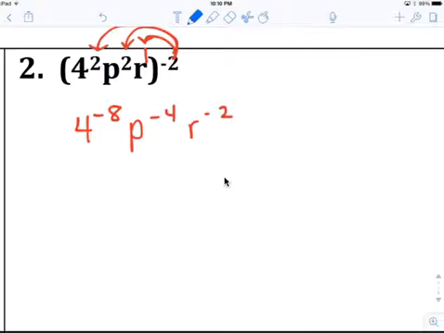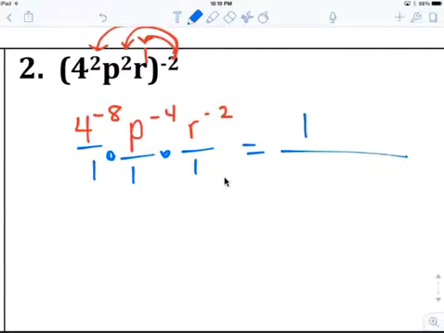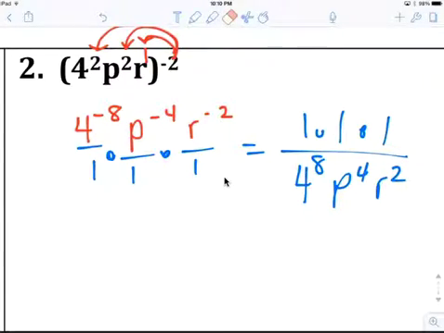Now, they're all negative exponents. So they're all switching. So this is all multiply. If you multiply 1 times 1 times 1, you still get 1, right? 4 to the 8th, p to the 4th, r to the 2nd. If you want to put 1 times 1 each, still notice it's a 1. That's why it's like that, okay?